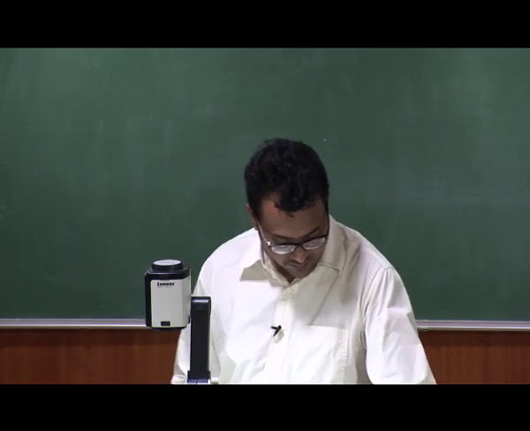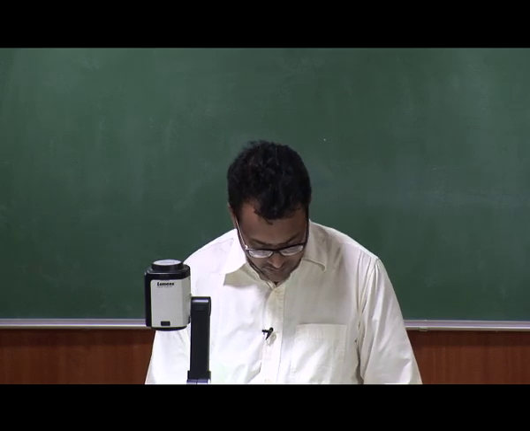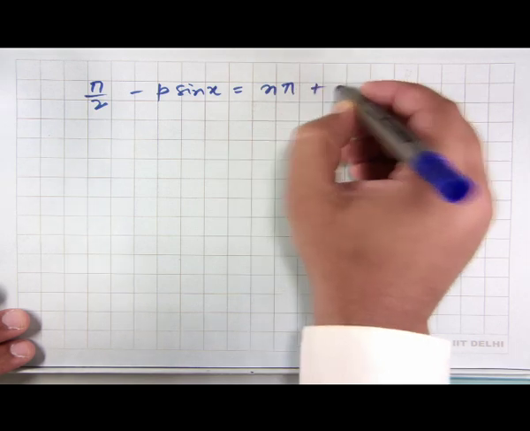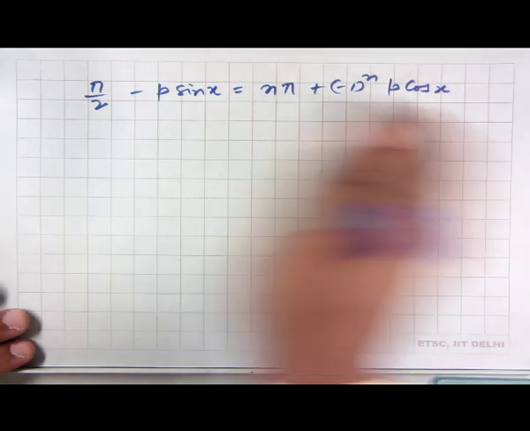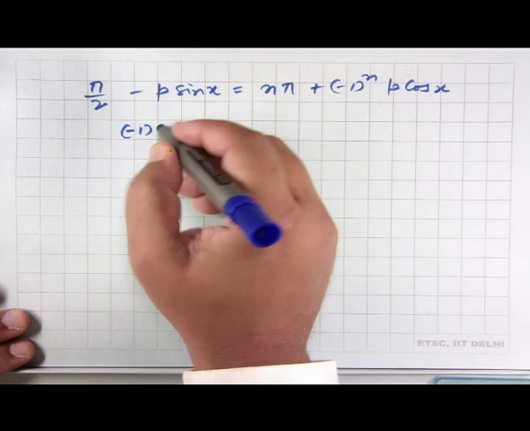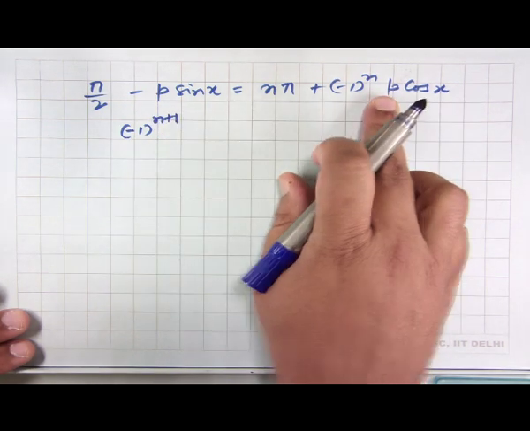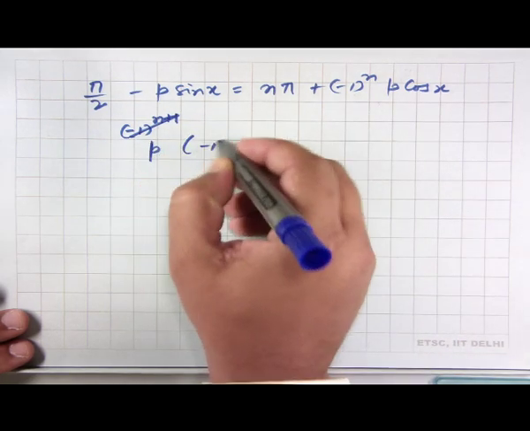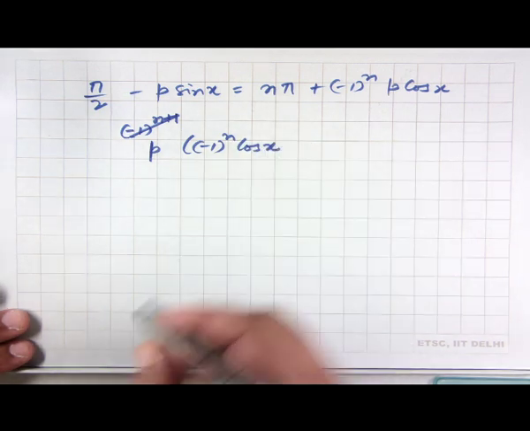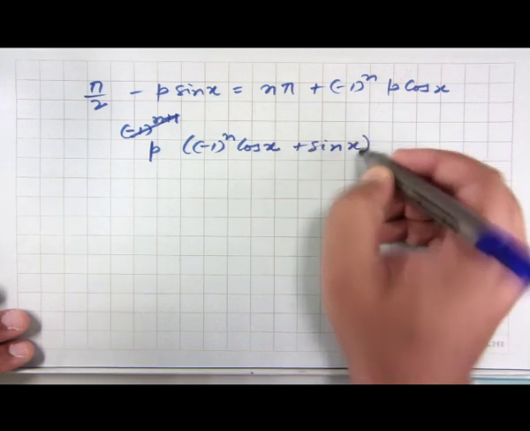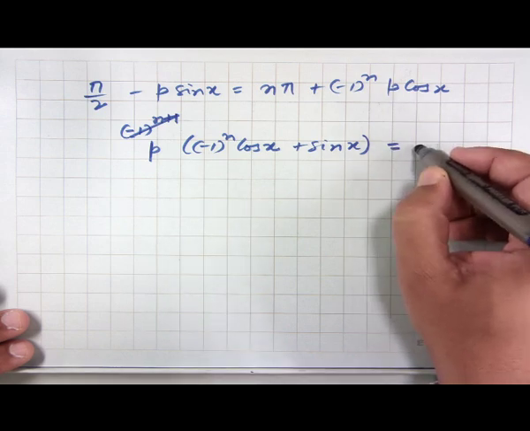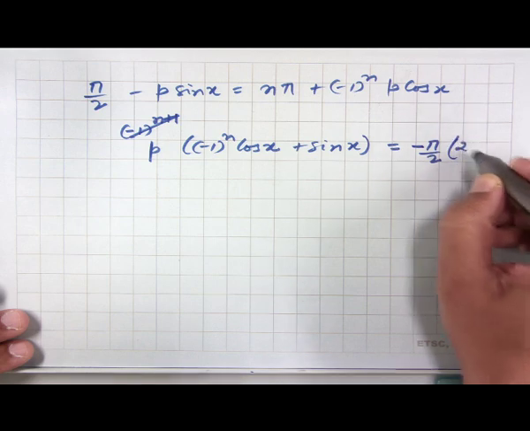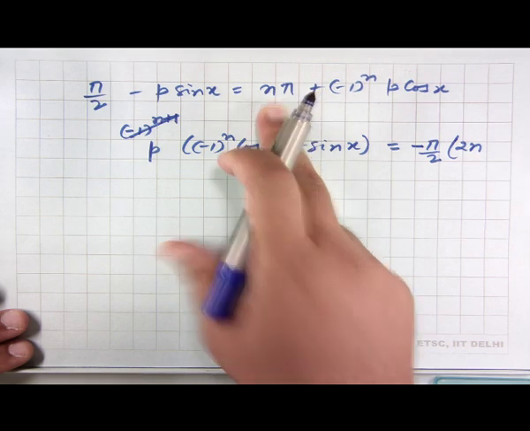And we can try like this for negative n also. In general, what we can see is that this equation for a general n can be written, taking sin x on this side, as p into (minus 1 to the power of n cos x plus sin x) equals minus of pi over 2 into (2n minus 1).